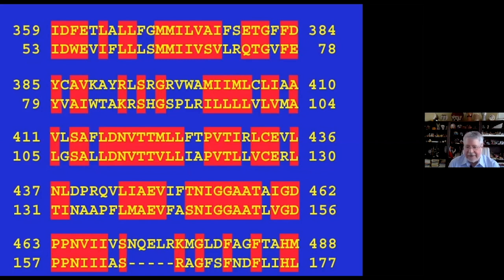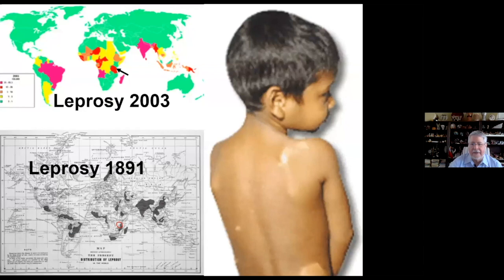And what we find is that there's a very high correlation between the OCA2 protein and a protein called L32 found in Mycobacterium leprae, or the leprosy bacteria. And leprosy has been endemic in the world for eons.